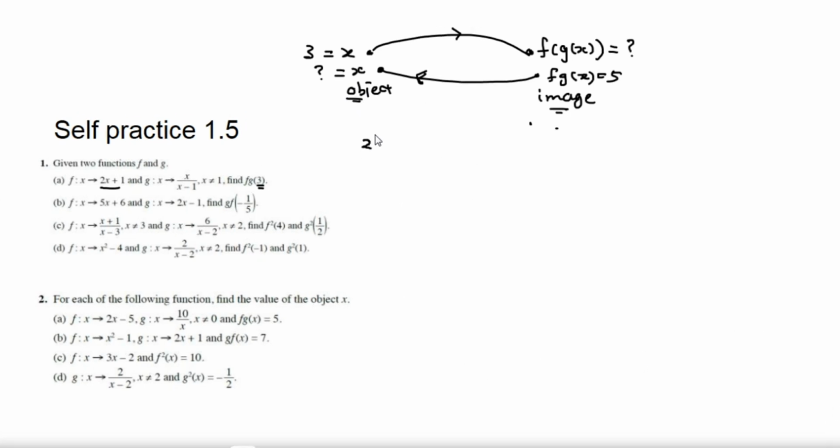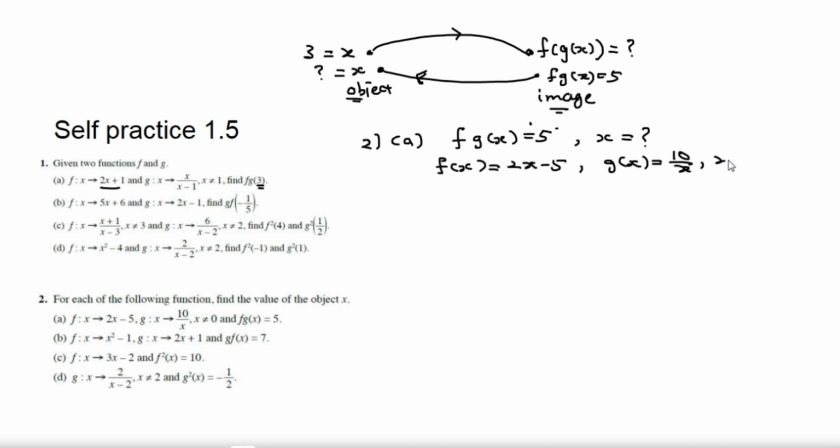Question number 2a. Given the image of fg(x) is equal to 5, what is x, given that f(x) is 2x minus 5 and g(x) is equal to 10 over x, x not equal to 0?